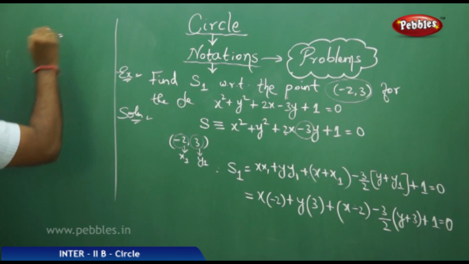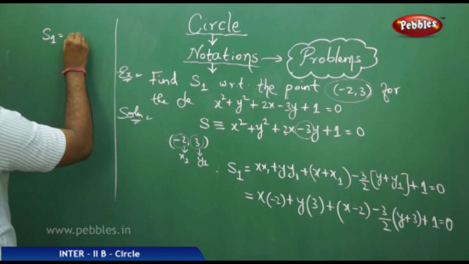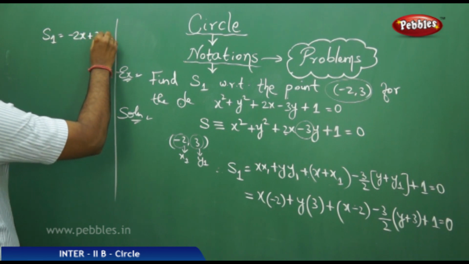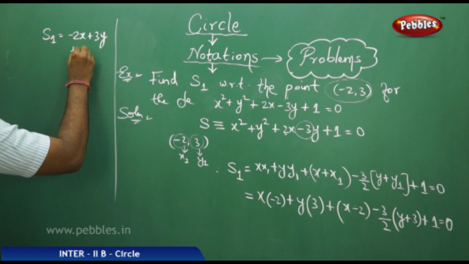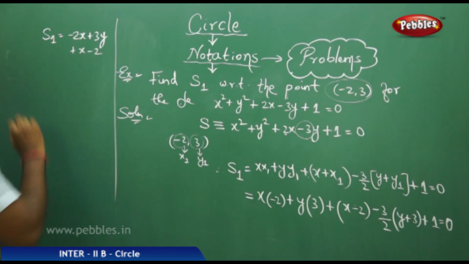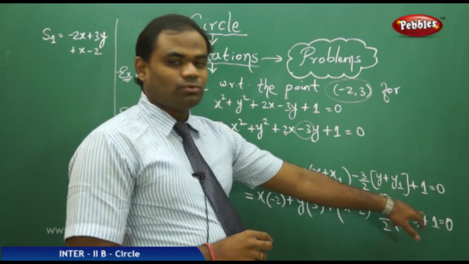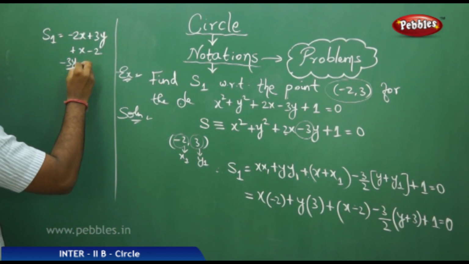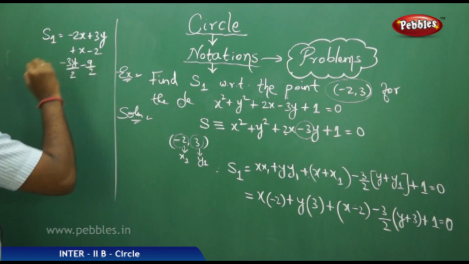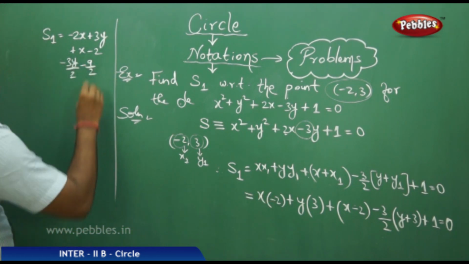S1 equals minus 2x plus 3y plus x minus 2 and plus minus 3y by 2 and minus 9 by 2, plus 1.